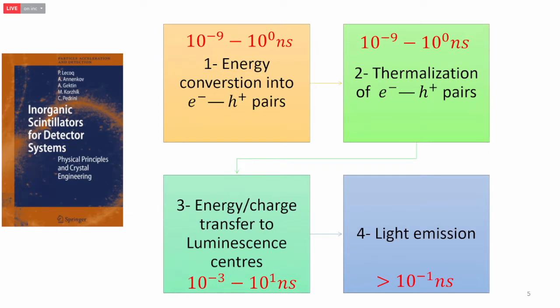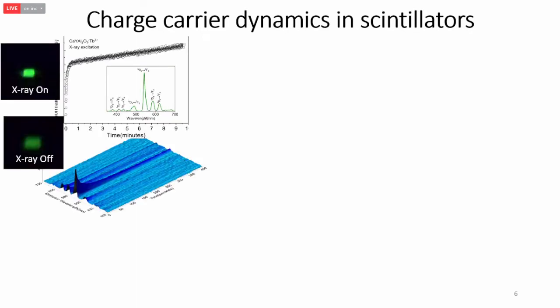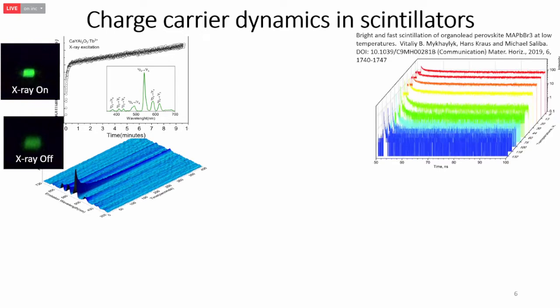And the question is how all these dynamics of the charge carriers impact the properties. So we can have things like this: you switch on the X-ray and then the light starts increasing steadily, and you can stay there for hours and the light yield keeps increasing.